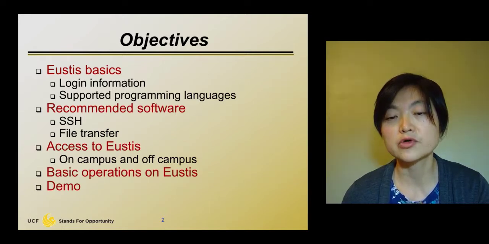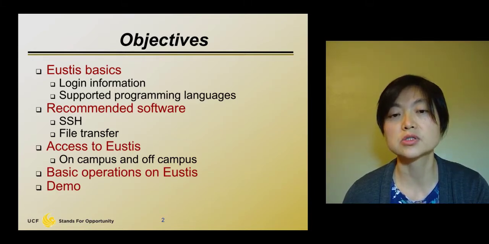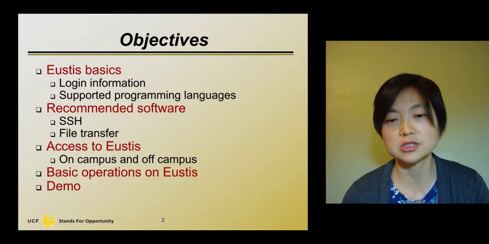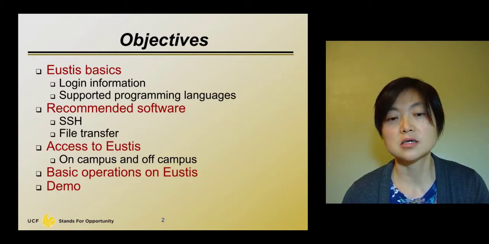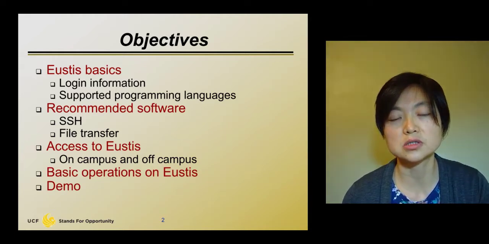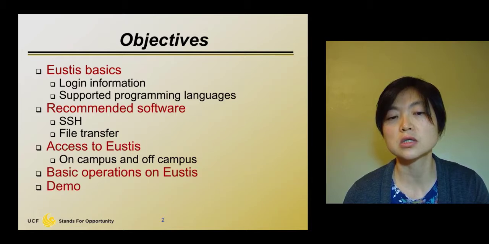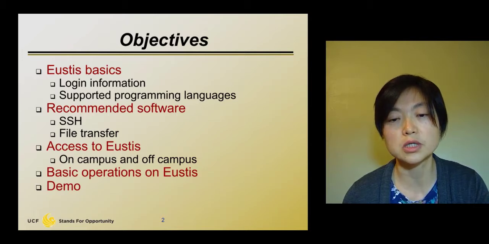But if you are off campus, you have to start a VPN client to set up a VPN first. Then start SSH to connect to Eustis. So we'll talk in more detail regarding this. Access to Eustis depends on whether you are on the campus network or in some remote location, which is off-campus.